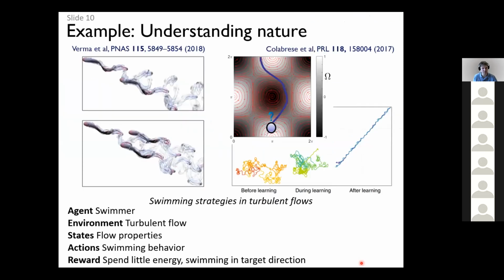Okay. And then a final example, which is related to what I'm doing, is understanding nature. By using reinforcement learning, one can try to develop efficient strategies of swimming. So here is one example where some realistic swimmers interact with the fluid, and then a leading swimmer will create a wake in which trailing swimmers can adapt in a way such that the trailing swimmers can reduce their energy consumption.